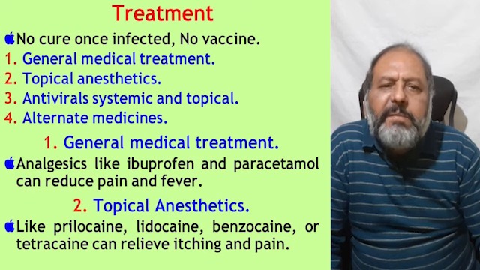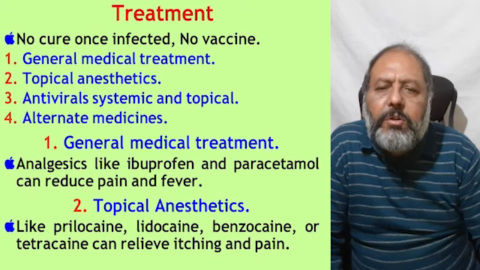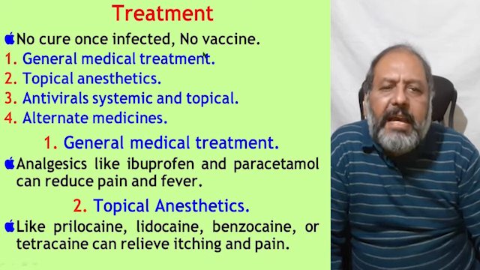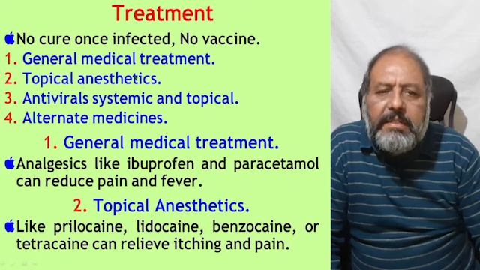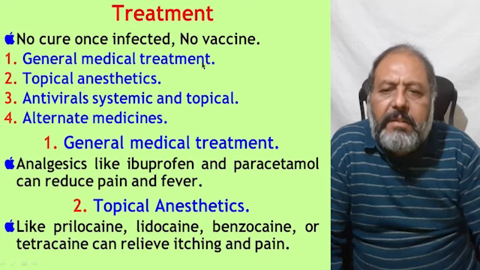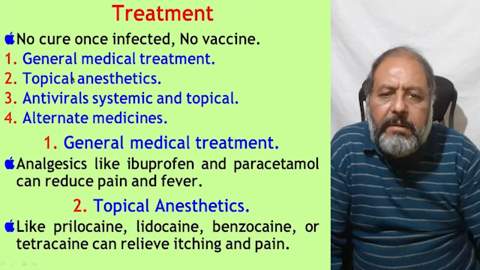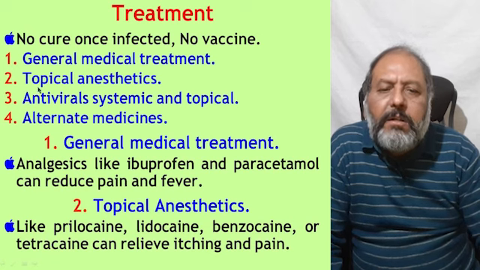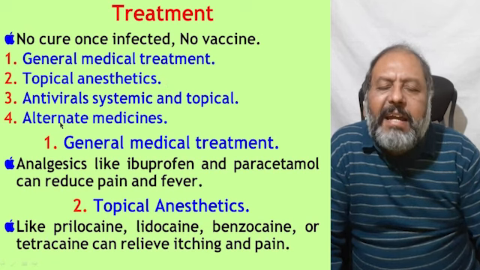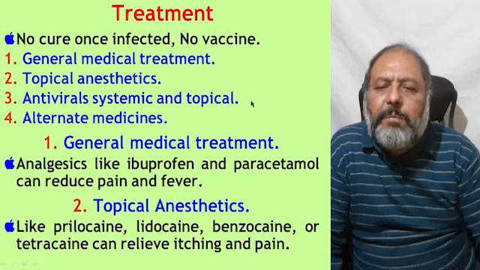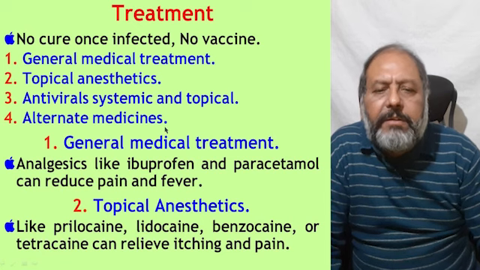Now, coming to the treatment: there is no cure once infected, as there is no vaccine. There are four parts of the treatment: general medical treatment, topical anesthetics, antiviral, systemic and topical, and alternate medicine.